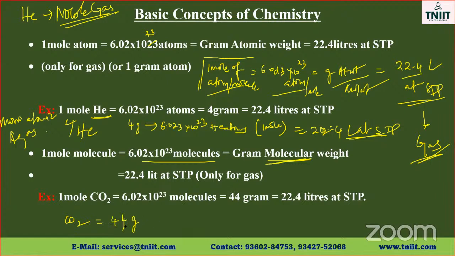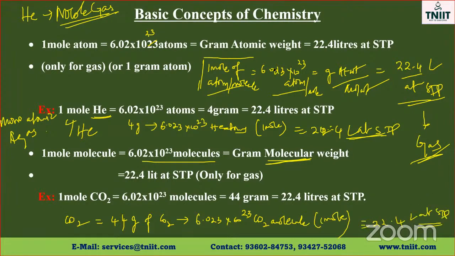So 44 grams of carbon dioxide contains 6.023 × 10 to the power 23 carbon dioxide molecules. This corresponds to 1 mole, and 1 mole will occupy 22.4 liters at STP. Am I fast, or are you able to follow?